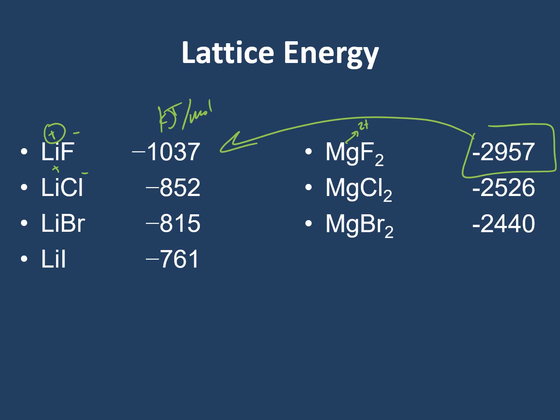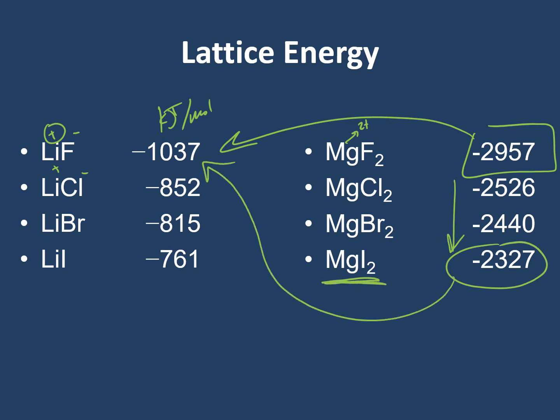As we go down that column, the lattice energy for magnesium attached to a halogen decreases, right? Cl is smaller than F, Br is smaller than Cl, and so on. But notice that even the largest halogen attached here is still a bigger lattice energy than the smallest halogen with lithium. And this is because of that 2+ charge. It's why we care about charge way more than size in general.